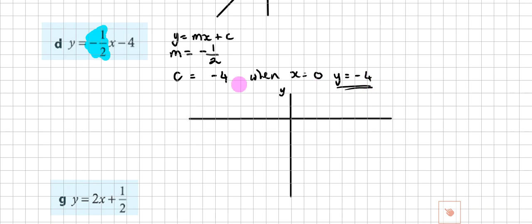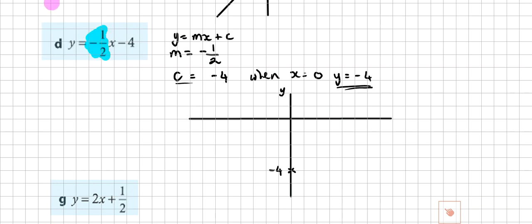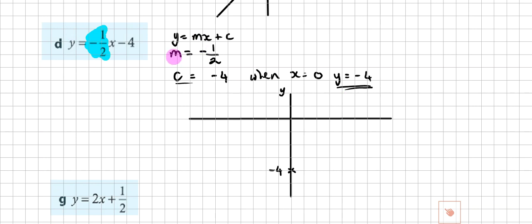So I'm going to go down and cross at negative 4. So that's the first bit done. So when c is negative 4, that's because we've got negative 4 there. So we've got a crossing point. The y-axis crosses at negative 4.